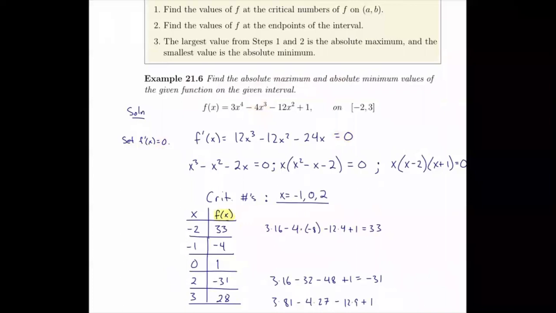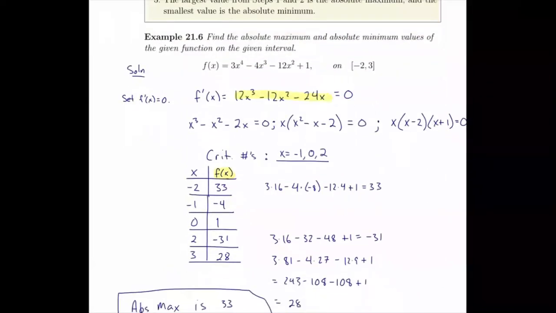Now I can factor to simplify things. First I factor out a 12, dividing 12 on both sides. The right-hand side's still 0, and I get x cubed minus x squared minus 2x equals 0. Now I have an x common to all of these terms on the left-hand side, so I'll factor an x out, and I'll have x squared minus x minus 2 equals 0.